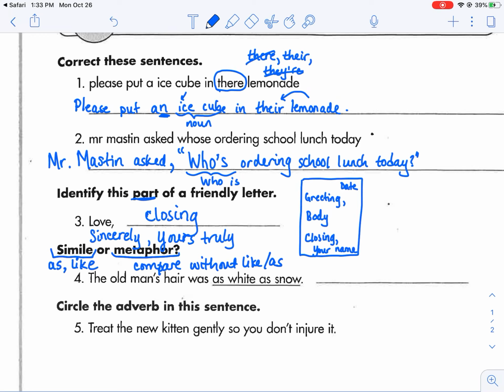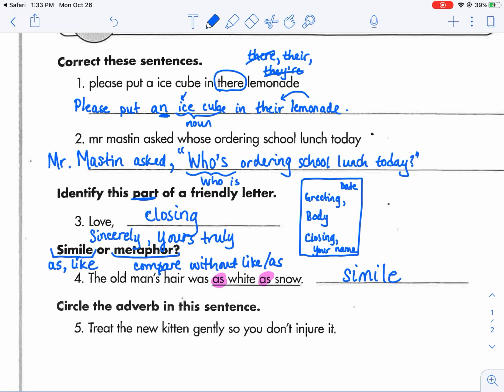So comparing a person to a snail without using like or as in my sentence. So let's read this sentence. The old man's hair was as white as snow. So therefore this is a simile because it is using the word as in it. Similes are more common than metaphors.